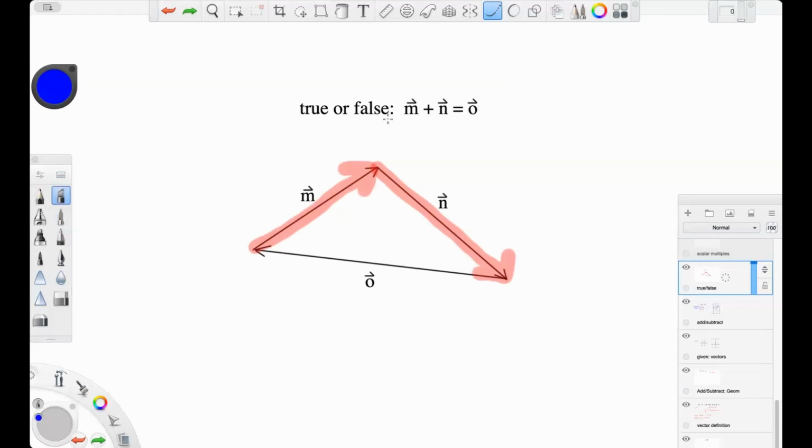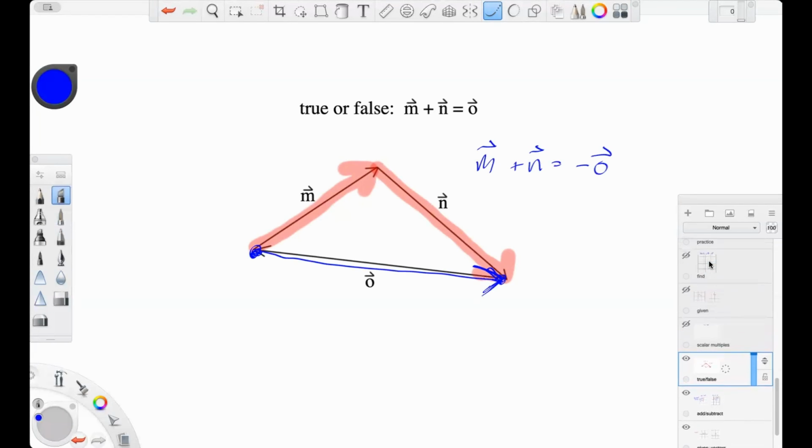Instead, if we wanted to make this statement true, we could say that vector m plus vector n is equal to negative vector o, right? Because the negative direction of travel along o would be from the terminal point over here toward the initial point, and that's how we would connect vector m plus vector n.